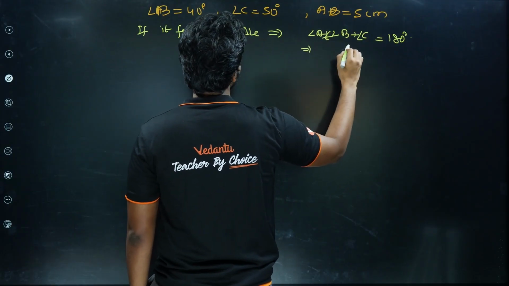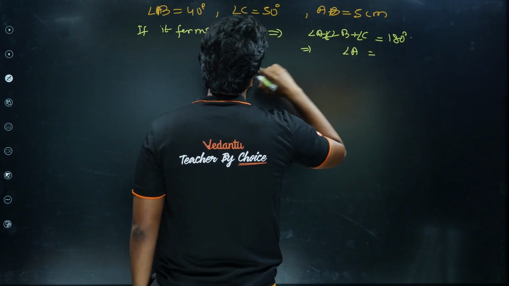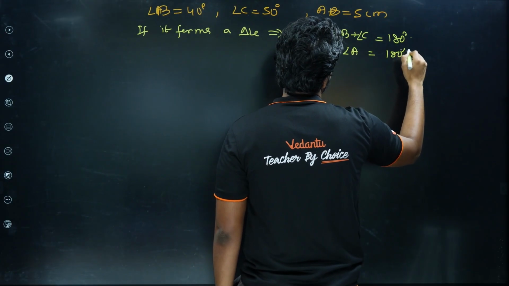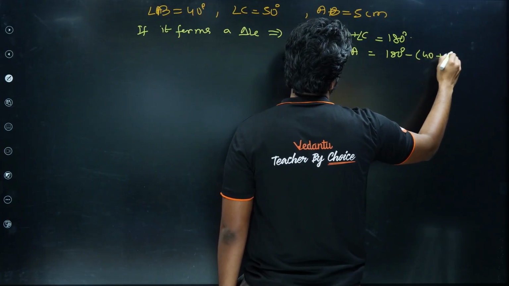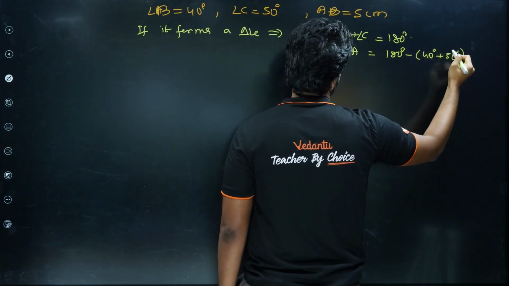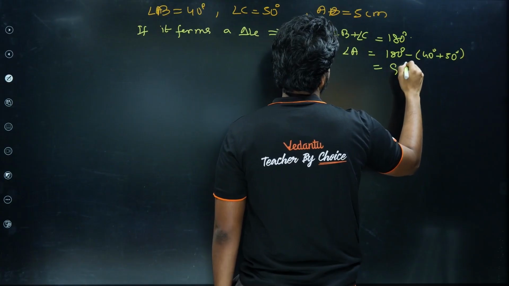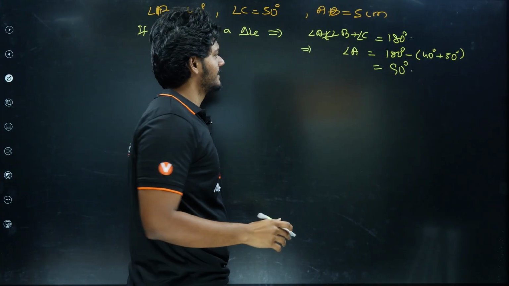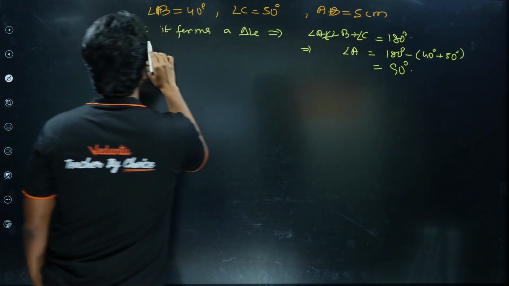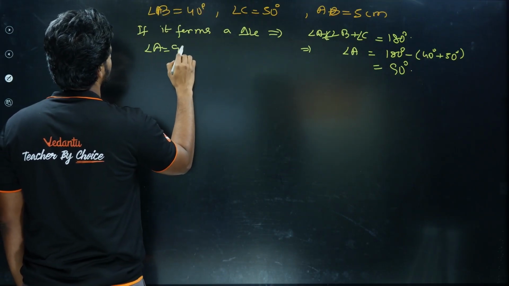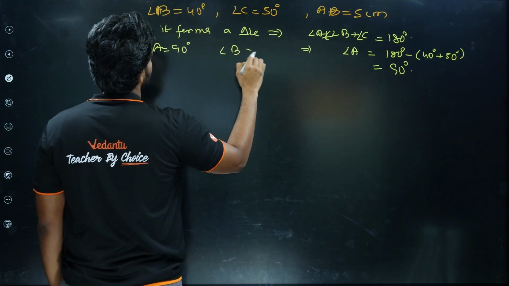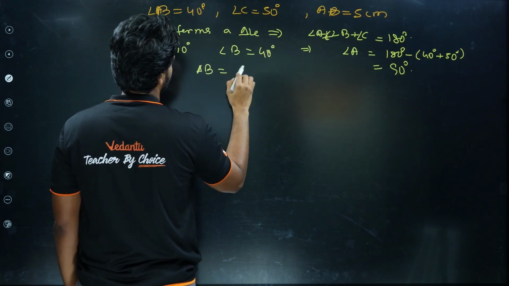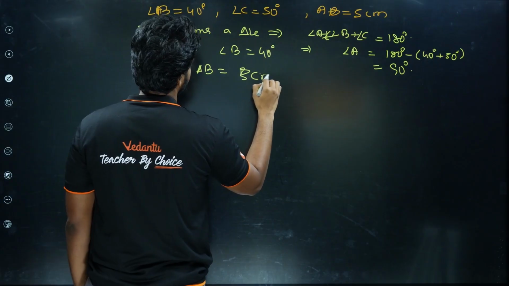So that clearly implies angle A should be 180 degrees minus (40 plus 50). This will be 90 degrees. So angle A will always be 90 degrees. So now we know angle A and angle B and AB is 5 centimeters.